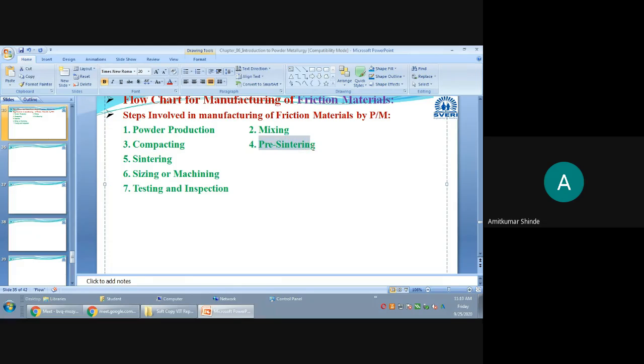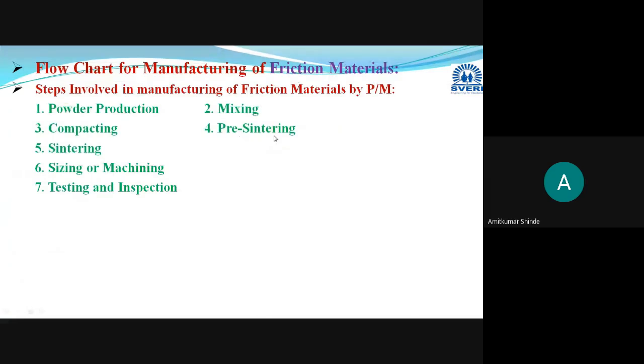Okay, just a small pre-sintering operation is performed whenever you thought that there is some segregation, and if you have added some kind of oils, then only you have to go for this pre-sintering operation after compacting. If you have not added oil, if you see that a proper mixture is obtained, then there is no need to do this.